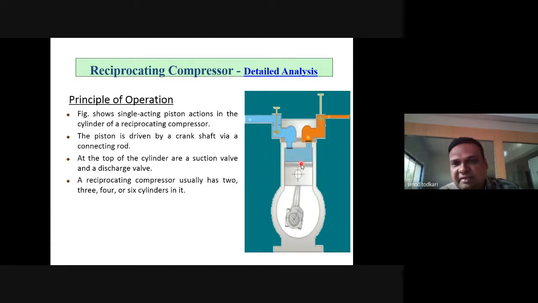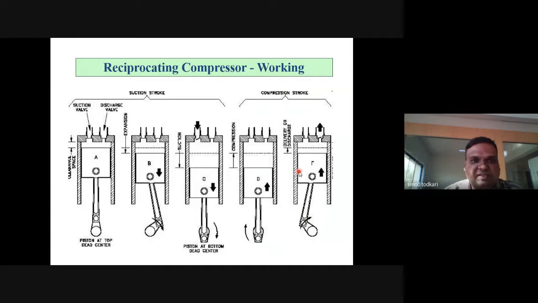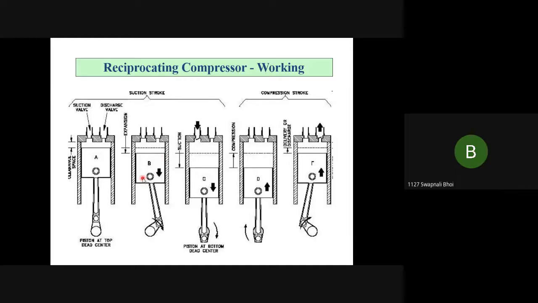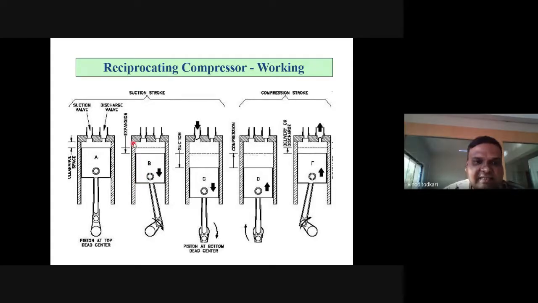Now see, the piston reciprocates inside the cylinder. This rod is called the connecting rod. This is called the piston, and this is called the cylinder. This is the intake wall or suction wall.